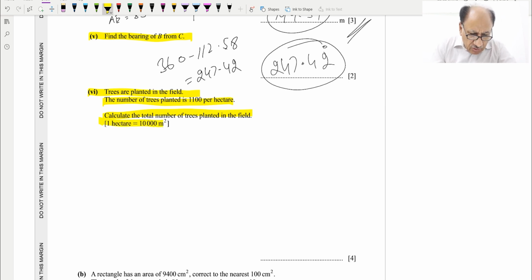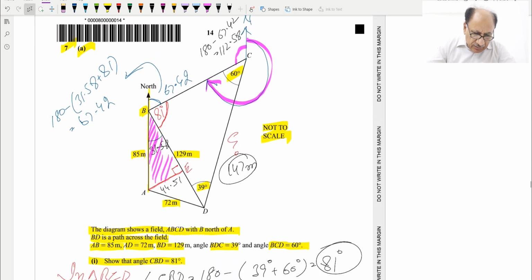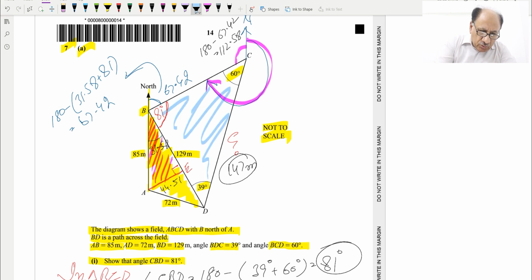So hectare is 10,000 meters square. So we need to find the area of two triangles. One triangle is this whole triangle, and the second triangle will be this triangle. So area of triangle ABD will be equal to half into base into height.